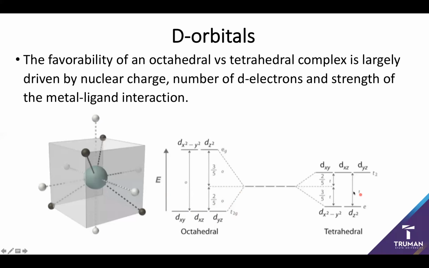So we often tend to find stabilizations of d4, d6, and then if we have to, things like d7 and d8, as they're going to maximize filling of these less favorable excited state d orbitals when you're dealing with species like nickel and copper.